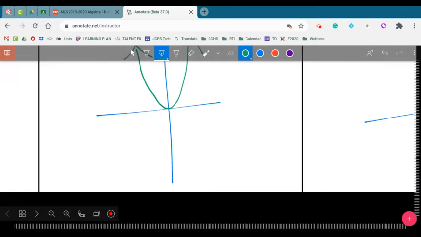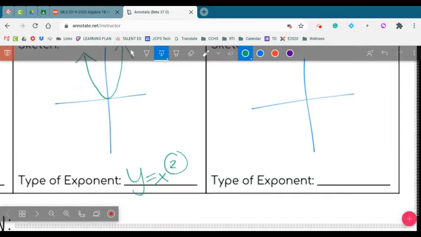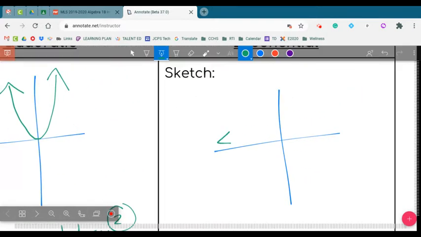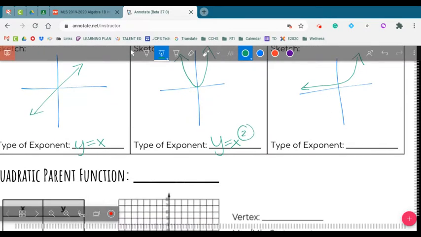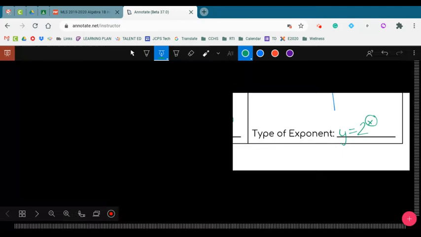Our parent function is y equals x squared. That exponent is the 2. And our exponential is that sideways L, as I call it. It grazes the x-axis and then goes up. The parent function is y equals 2 to the x power, and that exponent is that x.